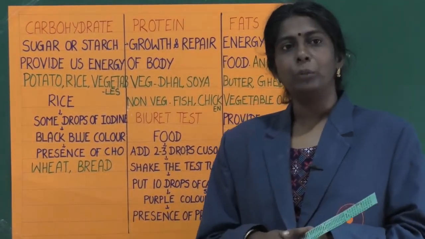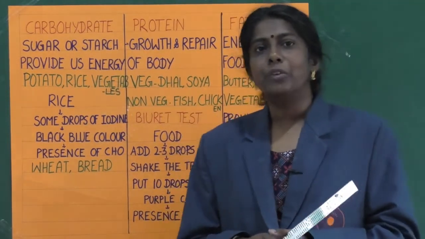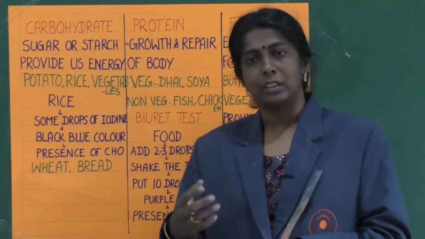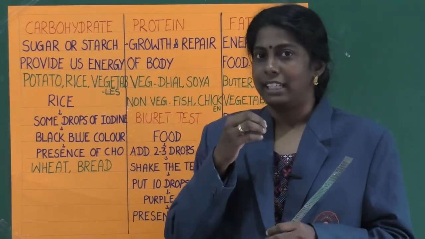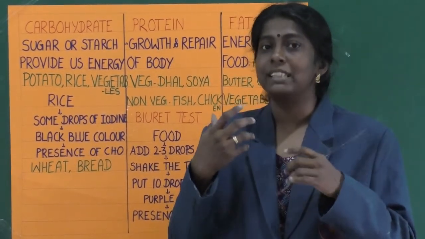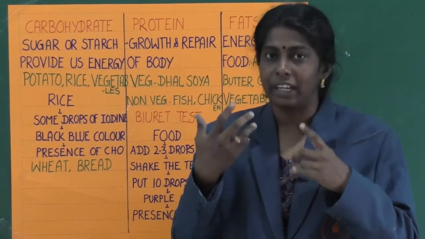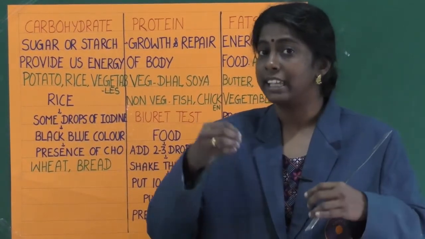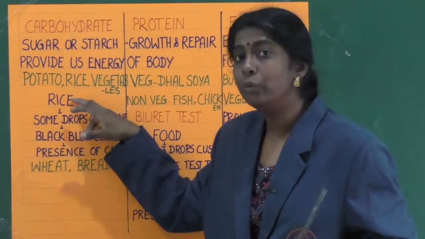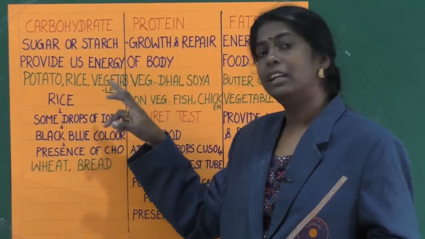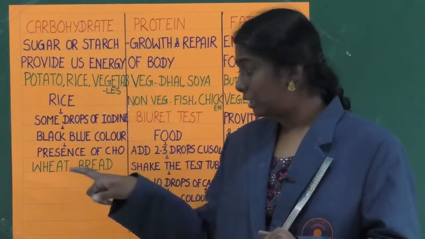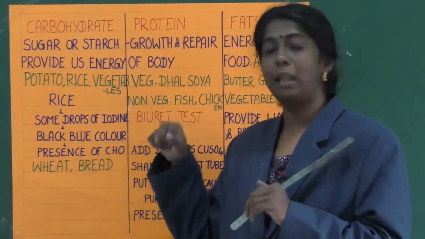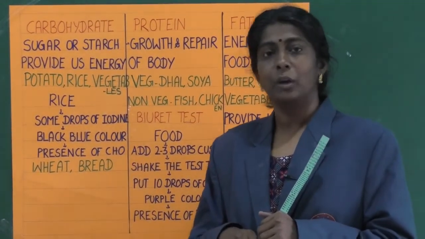One more thing: if you have taken the rice, and to some extent you chewed the rice, and you do the same test with the chewed rice, then the result will not be positive. That is, you won't get black blue color. Why?